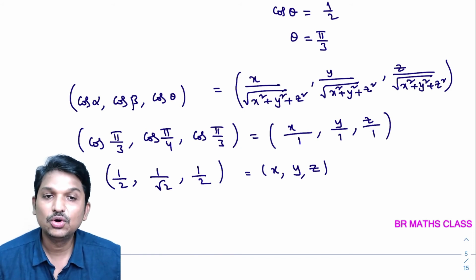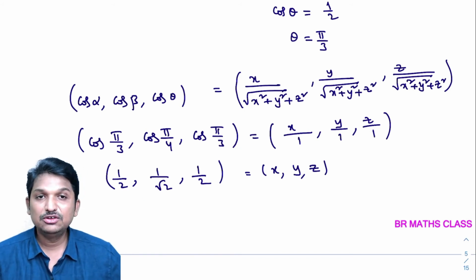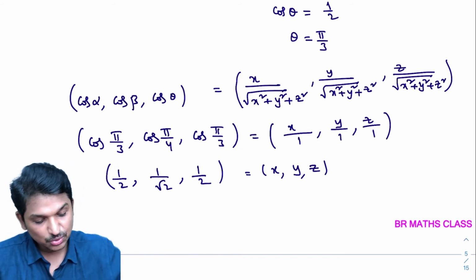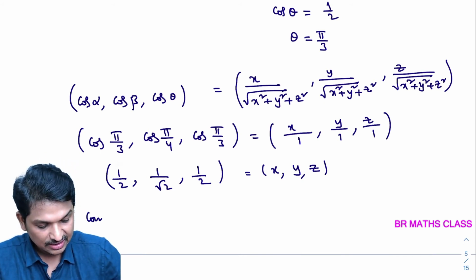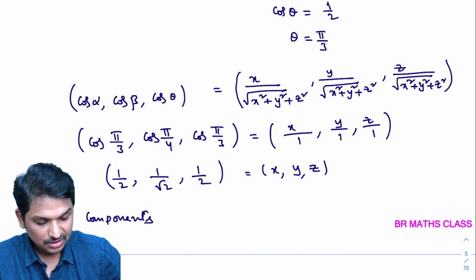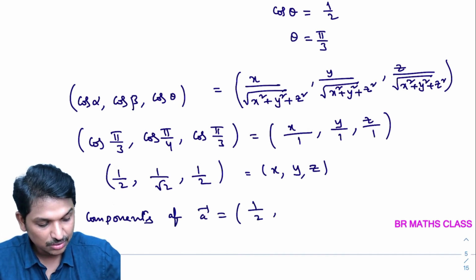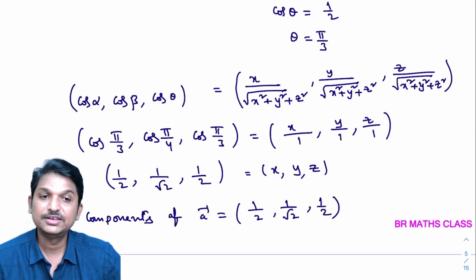So we got the X, Y, Z values. Components of A bar means X, Y, Z only. So the components of A bar equal 1 by 2 comma, 1 by root 2 comma, 1 by 2.